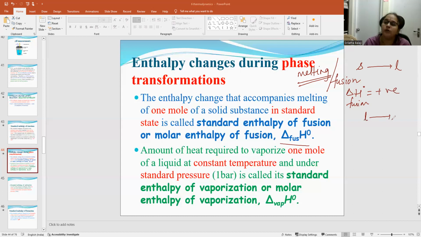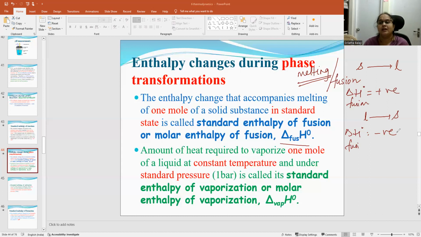When I take a liquid to solid conversion, the reverse, the value will not change. Just the sign convention will be changed. In other words, the same amount of heat utilized for converting solid to liquid will be released when liquid is converted back to solid. So this is going to be exothermic.